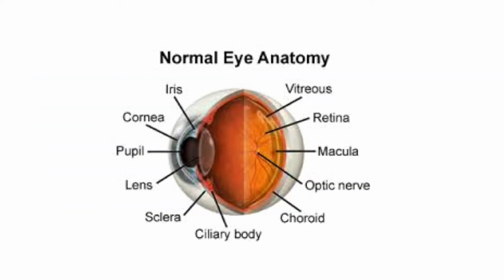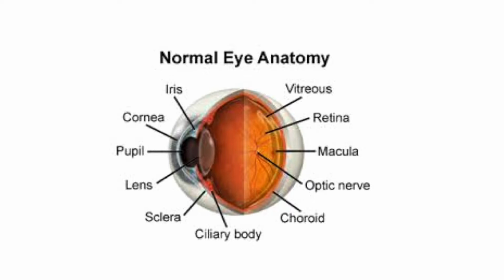So this is a demonstration and diagram of the normal eye anatomy. You can see, starting on the left, the pupil is actually just the entry point through the lens into the back of the eye. It's actually an opening, it's not a structure. The cornea is the surface or the protective layer that sits over the opening, which is the pupil and the lens.